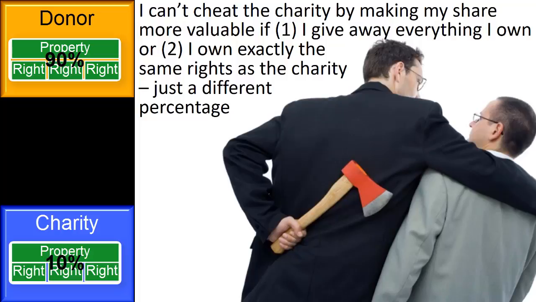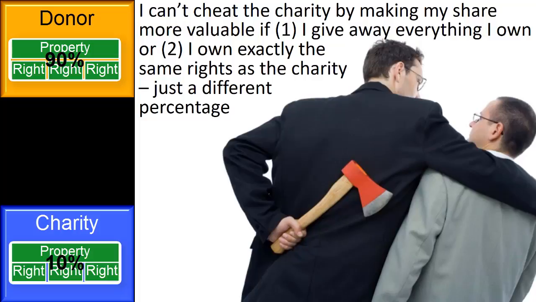There is no opportunity for the donor to increase the value of his rights while decreasing the value of the charity's rights because the donor and the charity have identical types of rights, although perhaps with a different percentage ownership of those otherwise identical rights. Because the donor and the charity have identical types of rights, thus eliminating the risk of abuse, the retained interest by the donor will not prevent a charitable deduction.